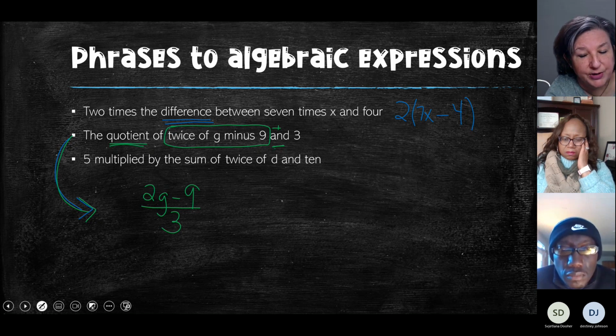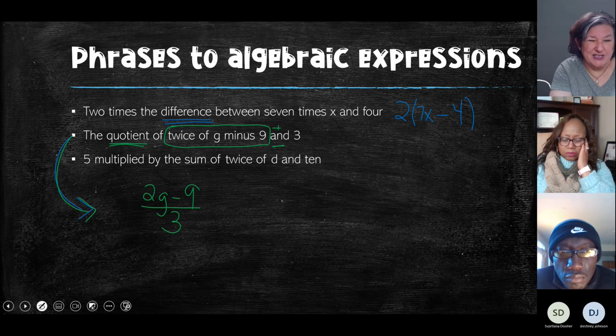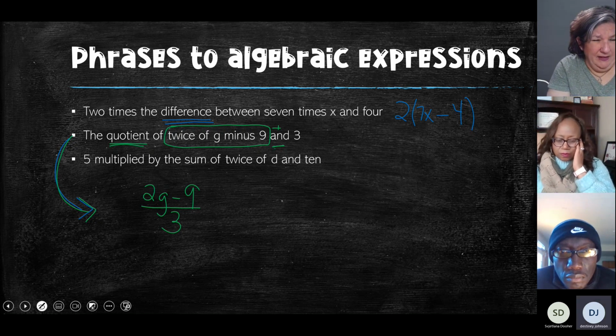And that would be your trigger to divide by 3. Unless it's just a straight up problem where they want you to go from words to algebraic expressions, which is what this is, if it's in a word problem, it's probably not going to be this stilted. It's probably going to be built into the story more than just lining up the mathematical phrases. Does that make sense? Yes, it does.